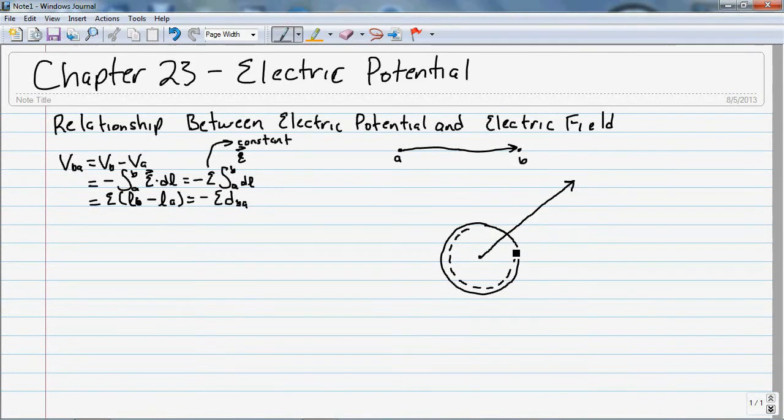So we know there's no electric field inside the sphere. It's only outside. So we'll look at this point we'll call A, or RA, and this point RB.